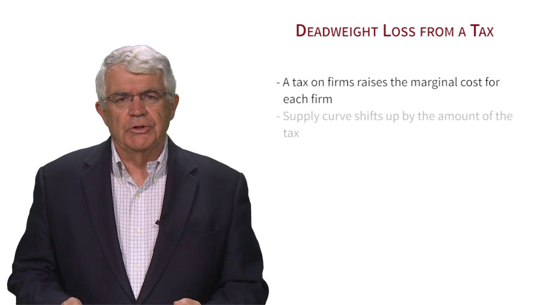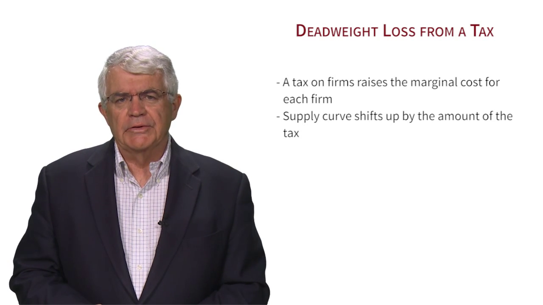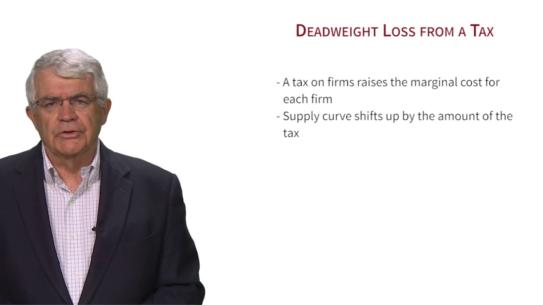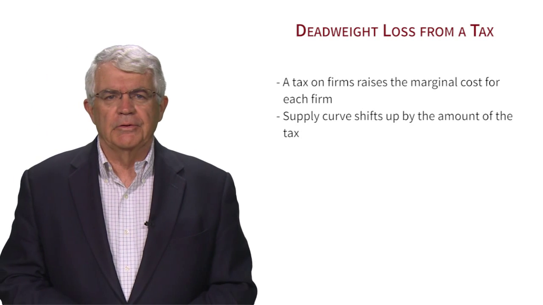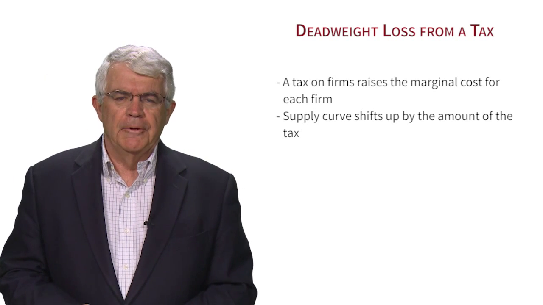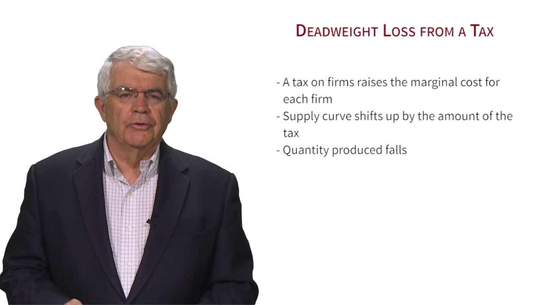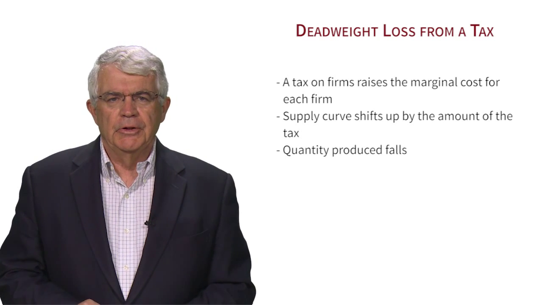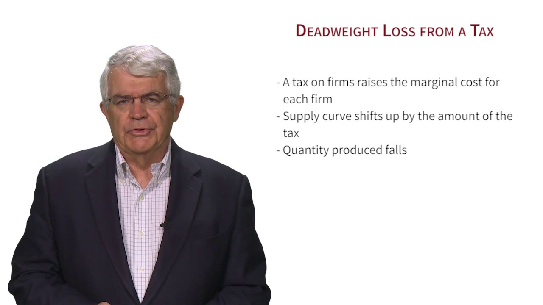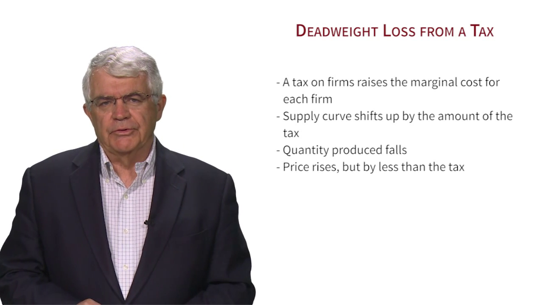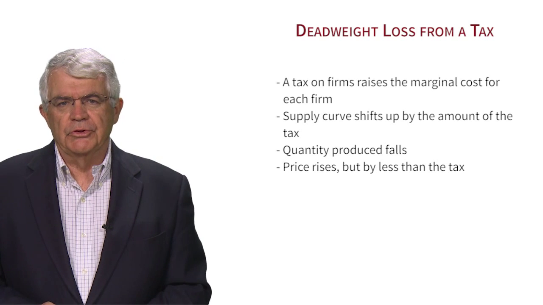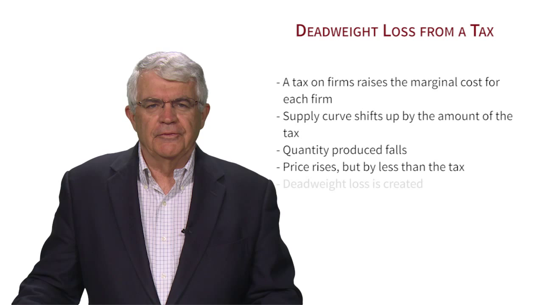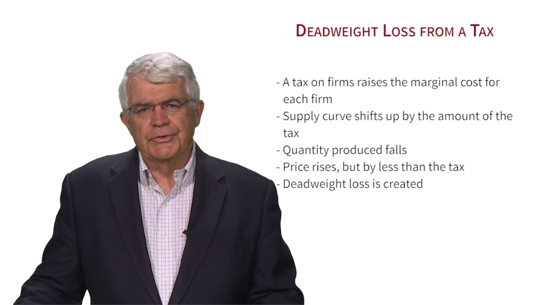In that case, as we know, if marginal costs rise, the supply curve shifts up by the amount of the increased marginal cost, in this case by the amount of the increase in the tax. We know from the basic supply and demand model, when the supply curve shifts up, the quantity produced falls. And you'll see that the price rises. It's interesting, you'll see that the price rises by less than the tax. But most important for this lesson, deadweight loss is created.